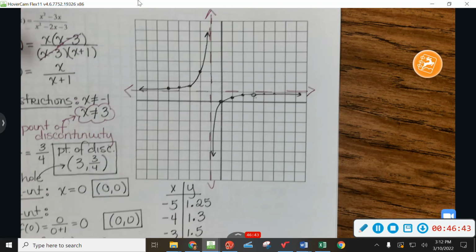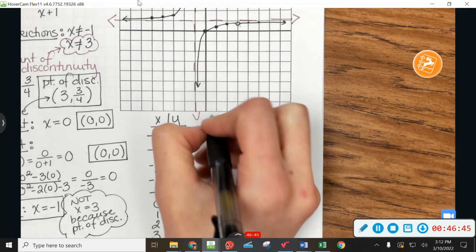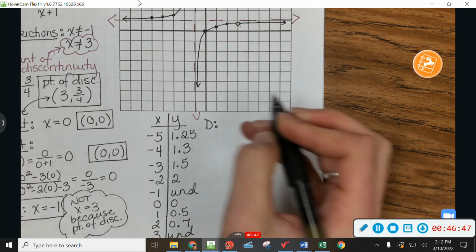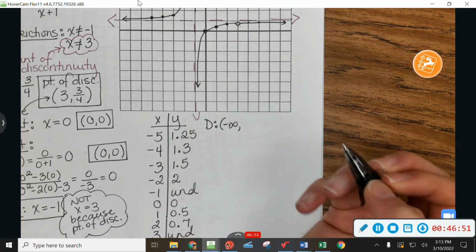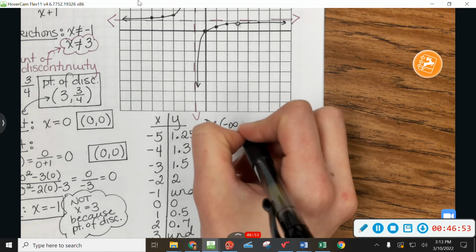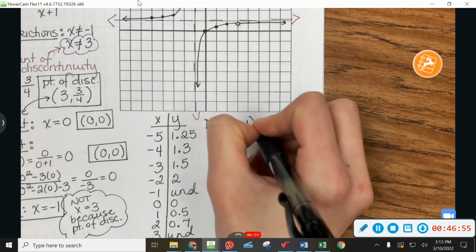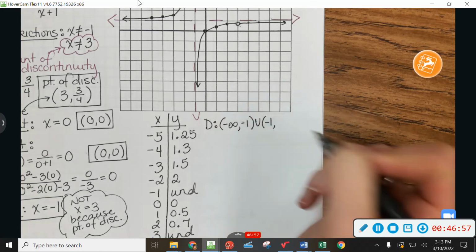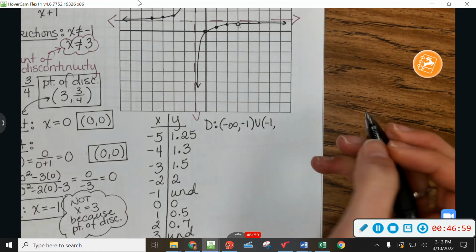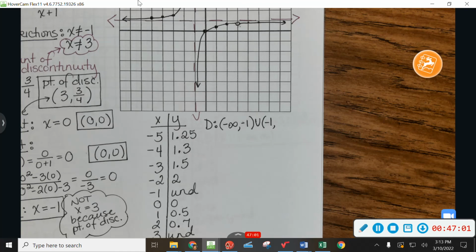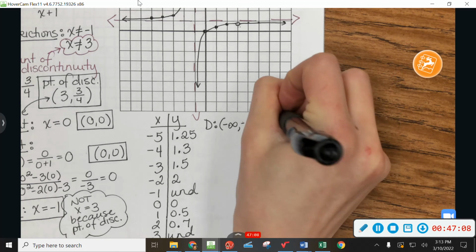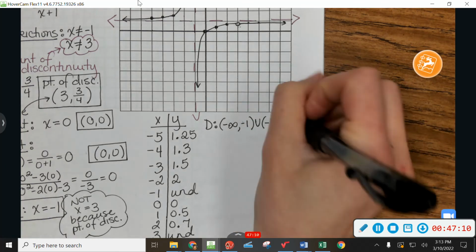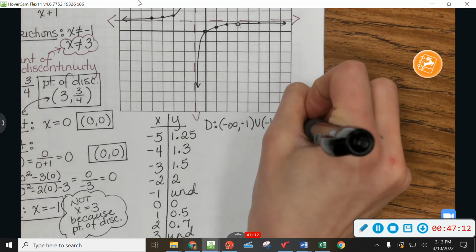Y'all good with that graph? Okay, so my domain is going to go from negative infinity to negative 1. Then negative 1 where? Am I going from negative 1 to infinity? No. I have that point of discontinuity, so it's going to have to be at 3. Then 3 to infinity.